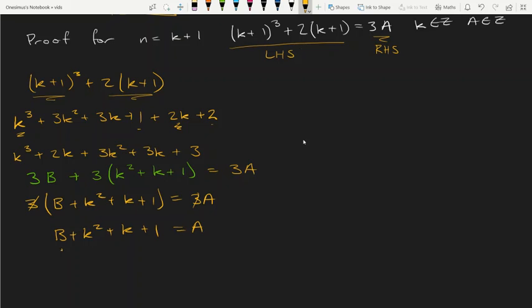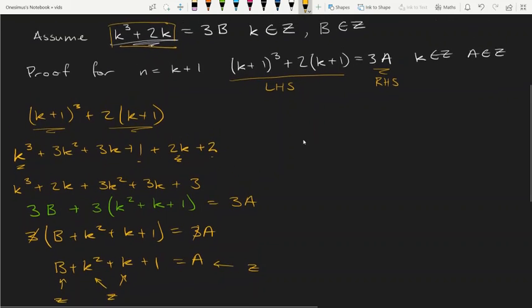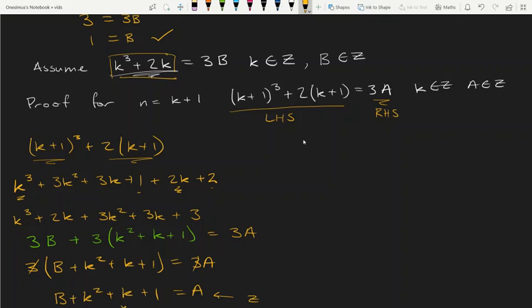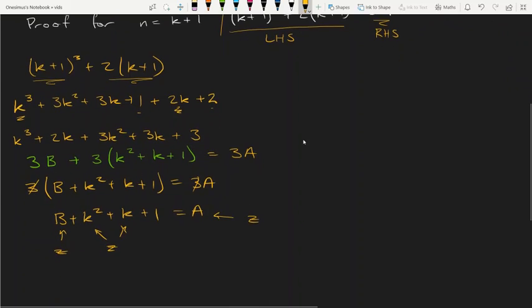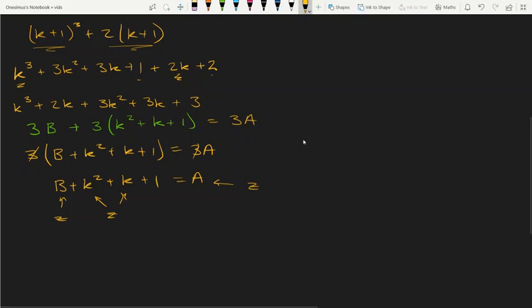And because b is an integer and both of these k's are integers, and we're just adding them together, we know that a is also going to be an integer. And that fulfills our initial condition, seen here as 3a, where a is an integer. So this shows that for k plus 1 we do indeed have that factor.